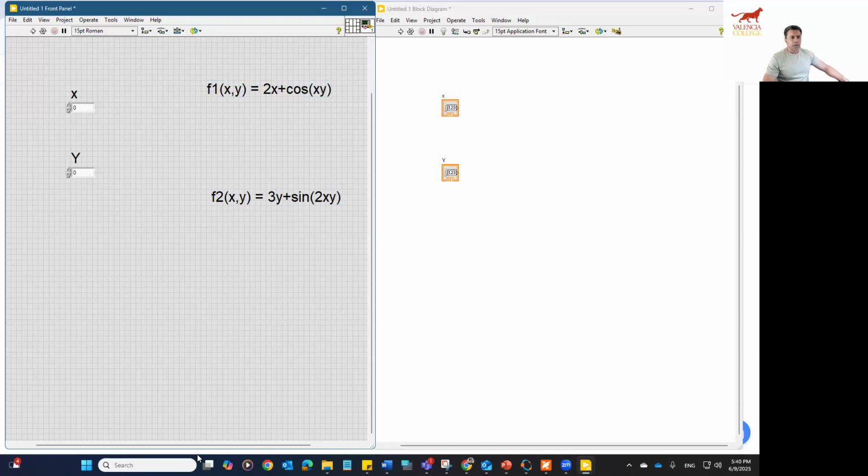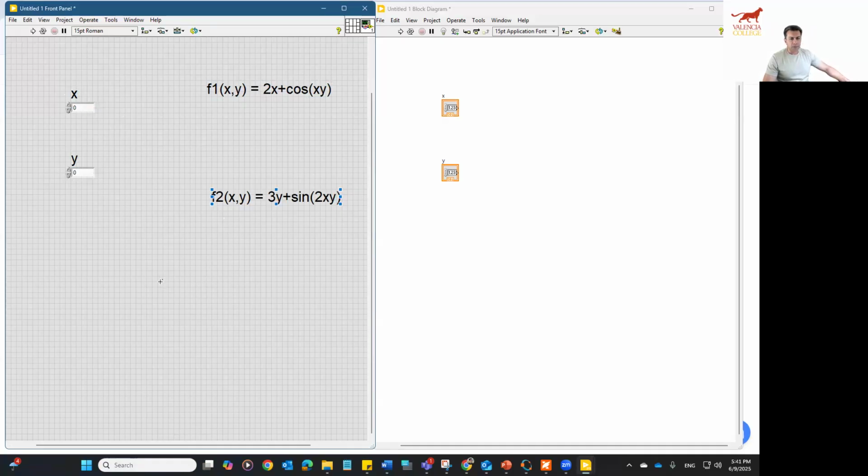And you can choose what type of logic you have to apply in order to calculate the first function or the second function, because both are functions of two variables, x and y. Either you can choose to calculate the values from the first function for the given values of x and y, or the values of the second function.